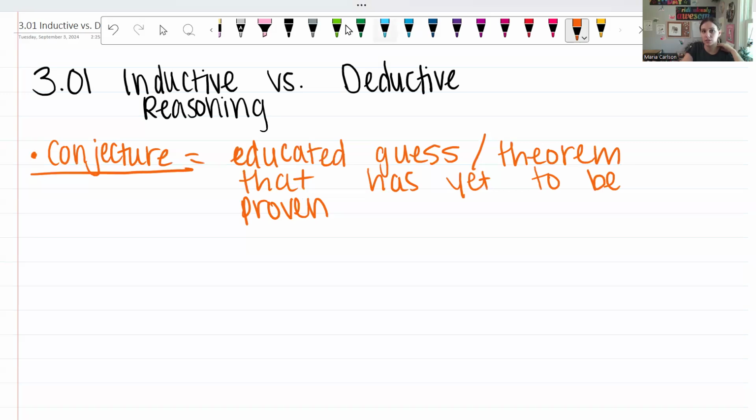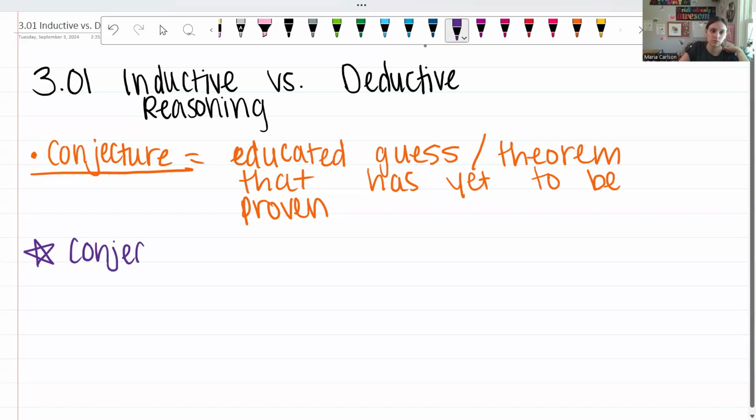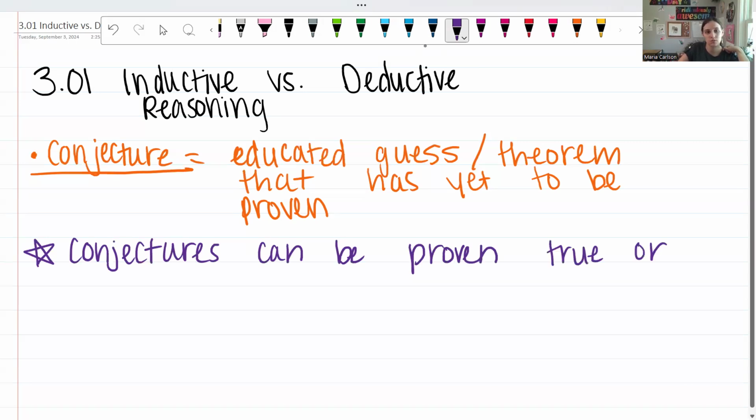And before we even get into that, I should note conjectures can be proven true or false.